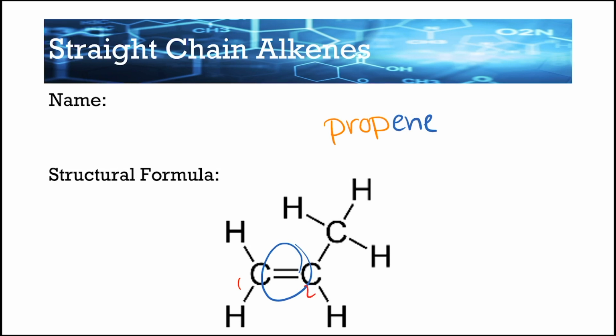And if we label our carbons left to right or right to left, we want to make sure we are using the smallest number to show where that double bond starts. And so if we go left to right, starting at 1 is the smallest number. So 1-propene. Prop because you have 3 carbons, ene because there's a double bond somewhere, and number 1 tells you that that double bond starts on carbon number 1.